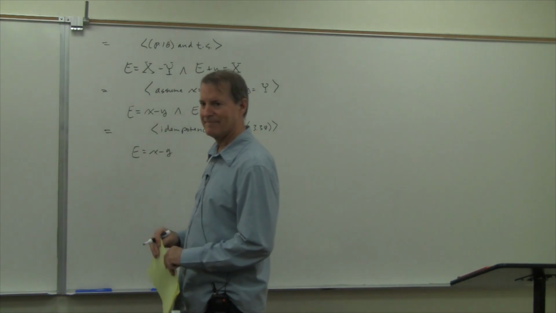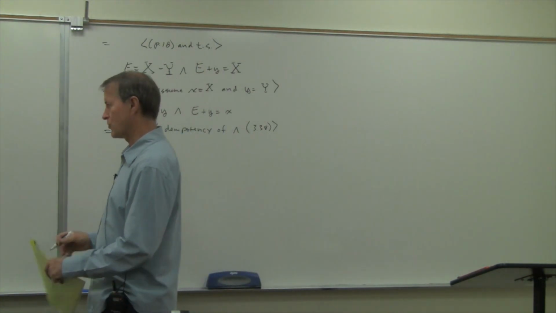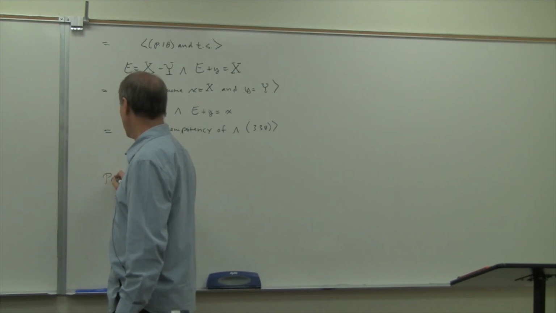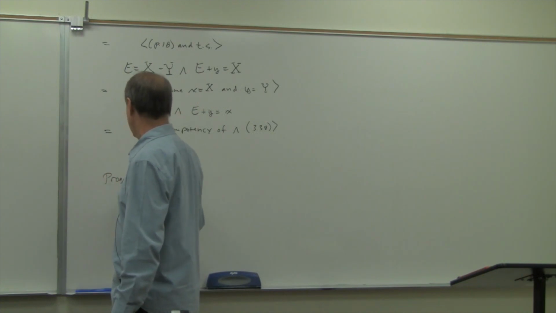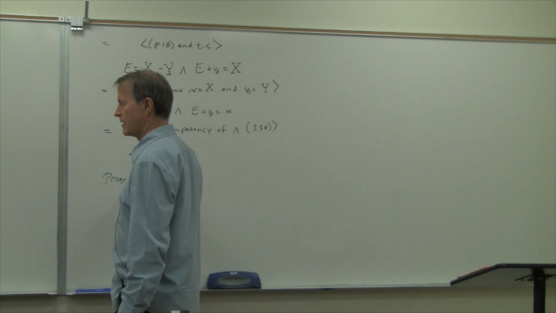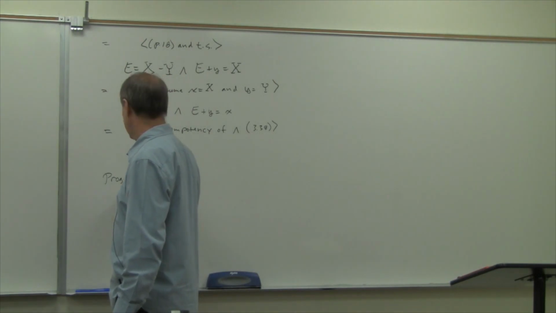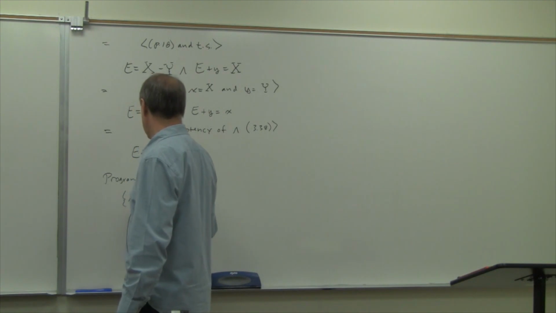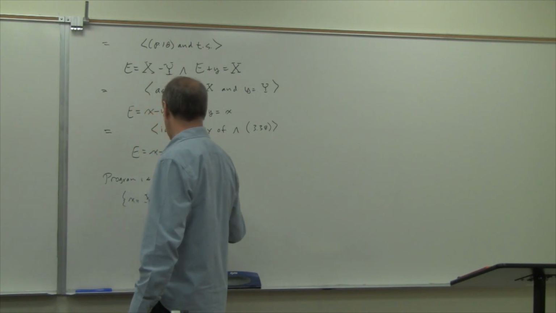We did. Now we have to do the code. So the program E gets x minus y is Int x, y, with x equals rigid x and y equals rigid y.